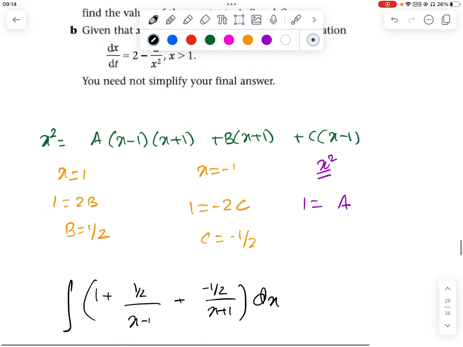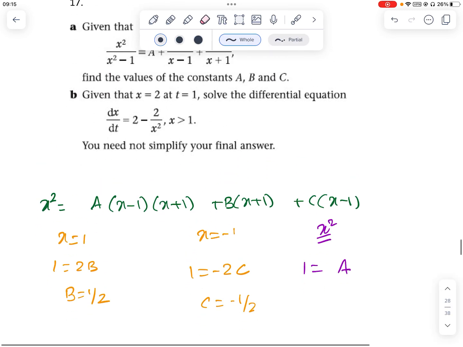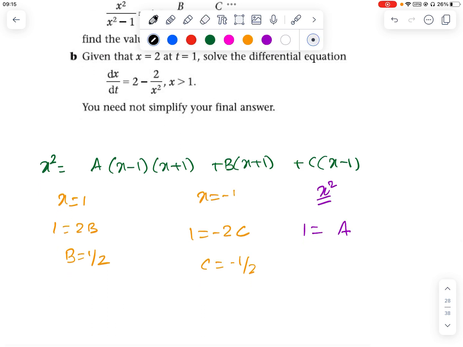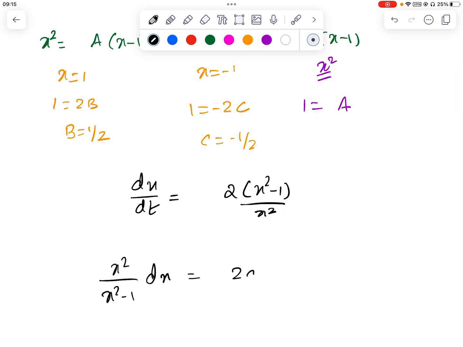Or rather than that, let me write it out in another step so that it will be easy for you to understand. He is asking us to solve the differential equation. So dx/dt equals 2(x squared - 1)/x squared. So what does that become? x squared/(x squared - 1) dx equals 2 dt. Then apply integral on both sides.